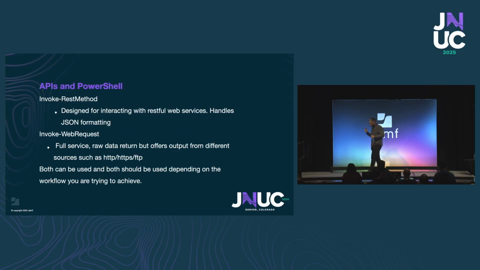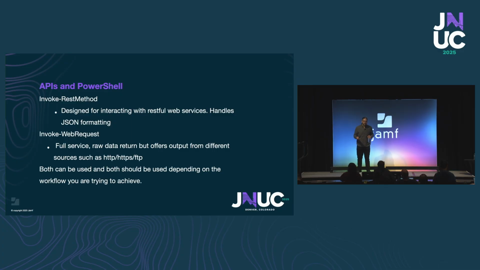So one of the best things about PowerShell, I keep talking about objects, right? How do we ingest that? There are two built-in cmdlets, Invoke-RestMethod and Invoke-WebRequest. Invoke-RestMethod is essentially designed for interacting with RESTful web services, and automatically does JSON formatting.